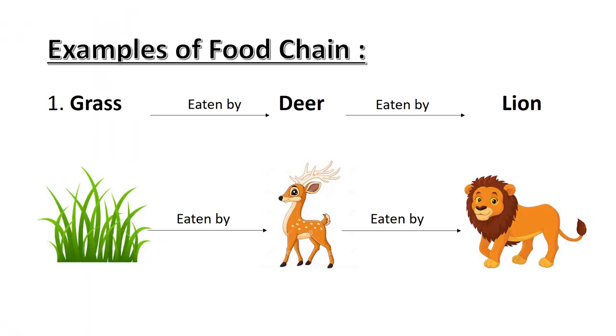Let us look at some of the examples of food chain. We all know grass is eaten by deer, which is ultimately eaten by a lion.